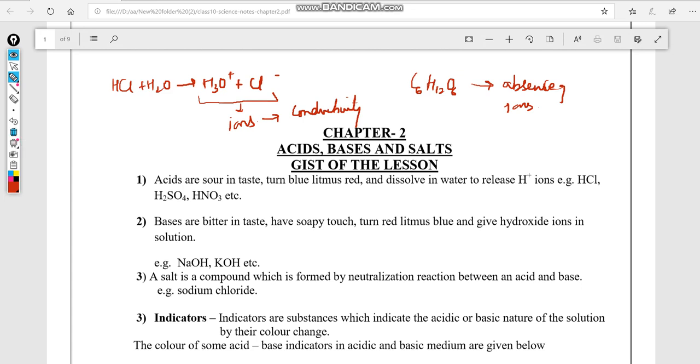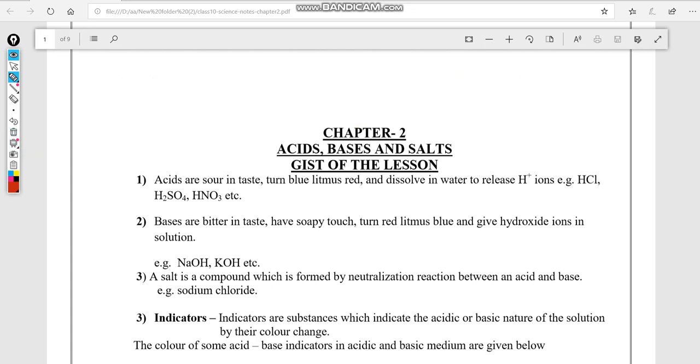What do you understand by base? Base is bitter in taste, soapy to touch, turns red litmus blue, and gives hydroxide ion in aqueous solution. For example, sodium hydroxide dissolves in water, which means aqueous solution. Dissolving in water to form aqueous solution, it releases sodium ion and hydroxide ion.